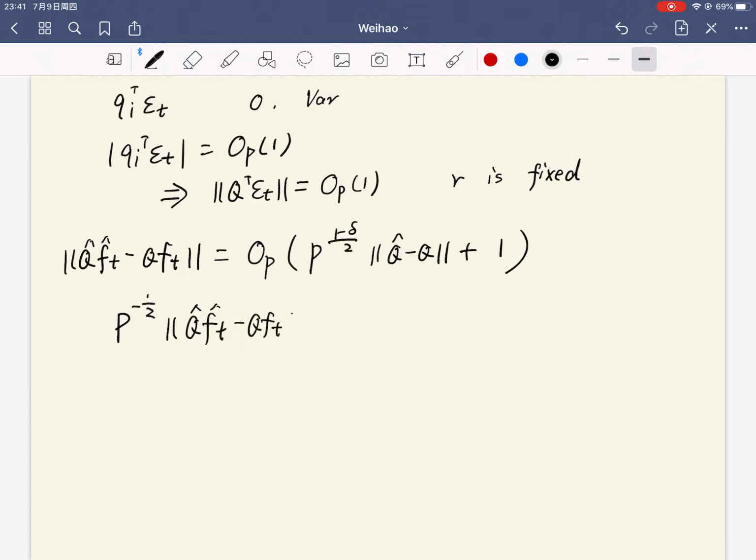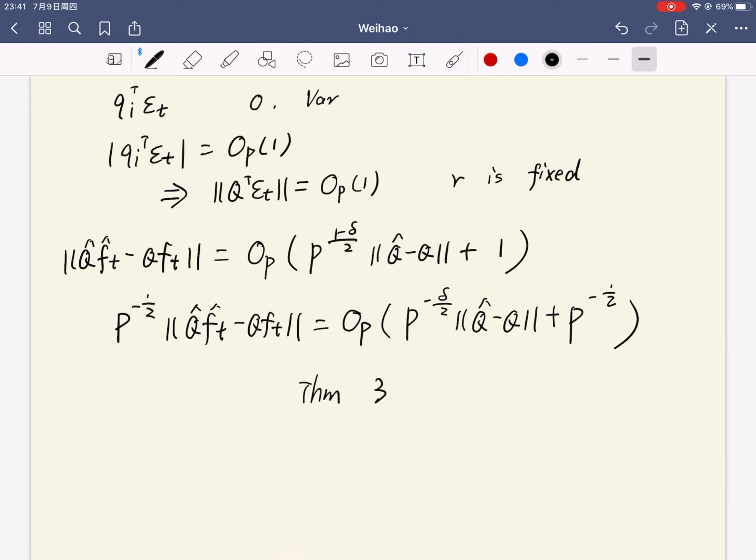We have a standardized error, which is of the following rate. This completes the proof for theorem 3. That's all for the proof in this paper.